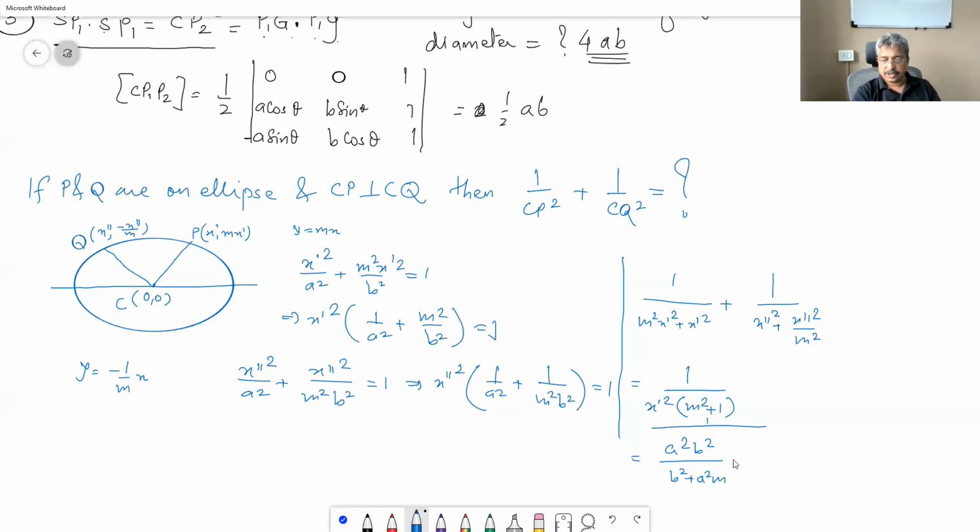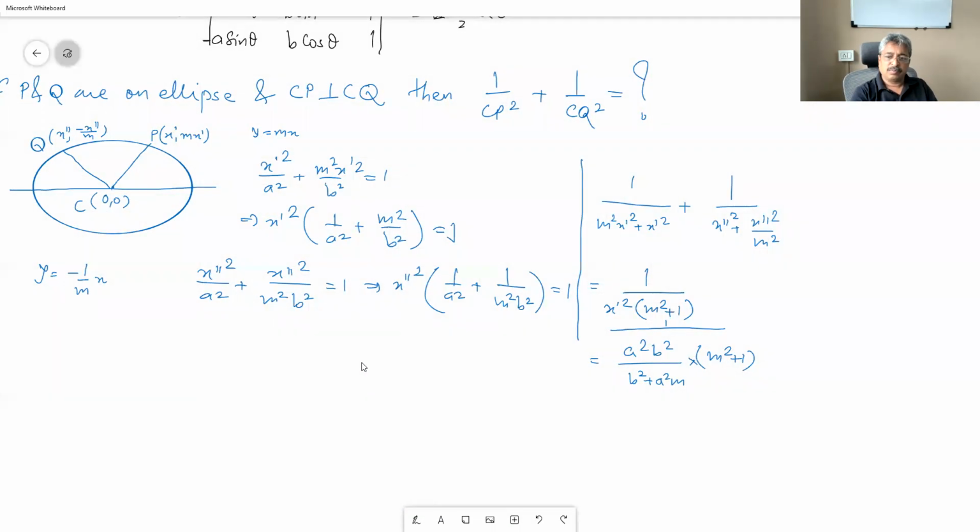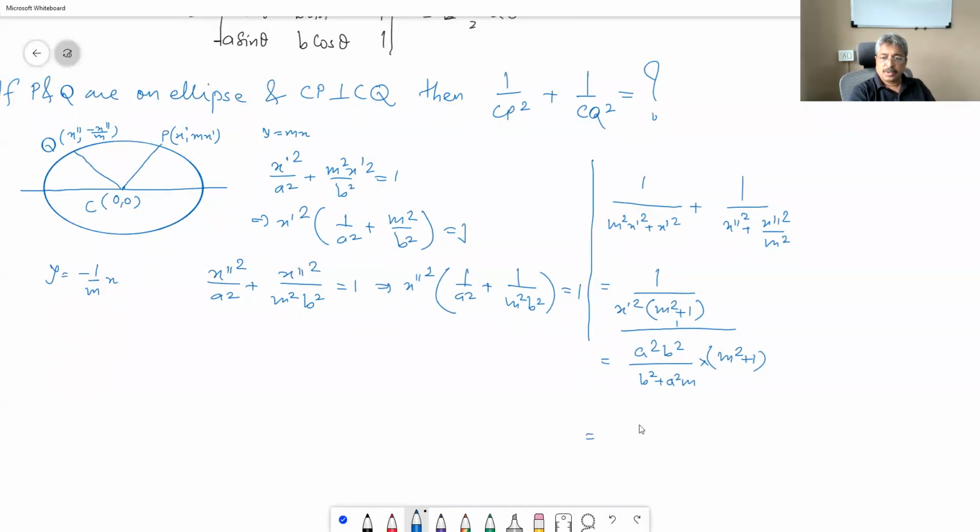That is the value of x dash square, into m square plus 1, that is 1 upon CP square. If I want to simplify 1 upon CP square, will I be able to do it? Maybe yes, which is equal to b square plus a square m square upon a square b square into m square plus 1.